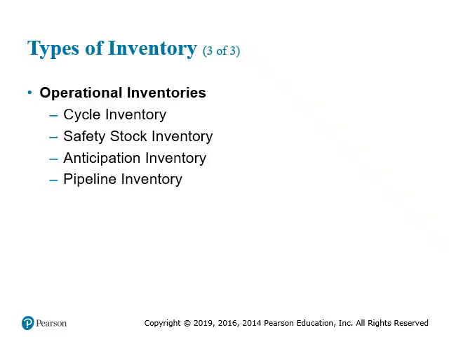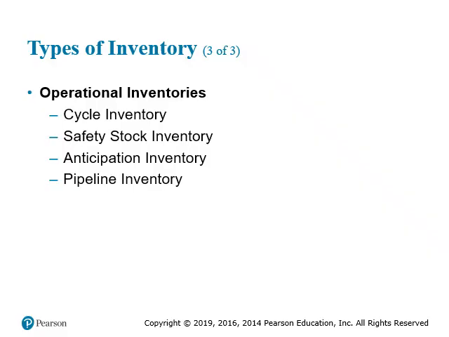And so in 2 more weeks, I'll order another can. And the cycle inventory is whatever's in that can at any given point in time. So it's what I have on hand to use in the regular cycle of handling this item.